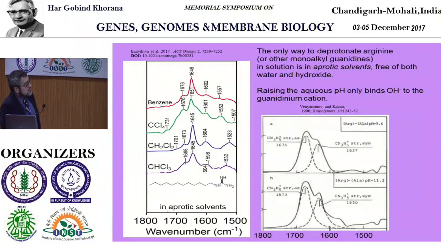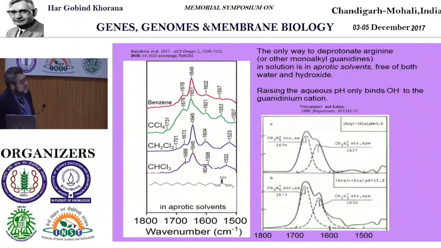While we get the same spectrum if we take this high pH solution of guanidine, whether it's ethyl guanidine or dodecyl guanidine, and we extract it into chloroform, we get very much the same spectrum. The problem is that the extraction is pulling along at least one water molecule per guanidine, and that water molecule actually results in formation of the guanidinium hydroxide pair.